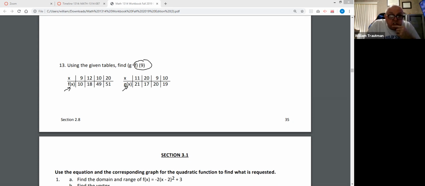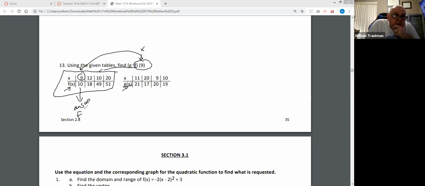This is the function g. So when we find f of 9, we're going to stick with our function f. And this is the x value. The x value is 9. Do you see how that 9 corresponds to this? The answer is the y. So the answer to f of 9 equals 10. That is the answer.